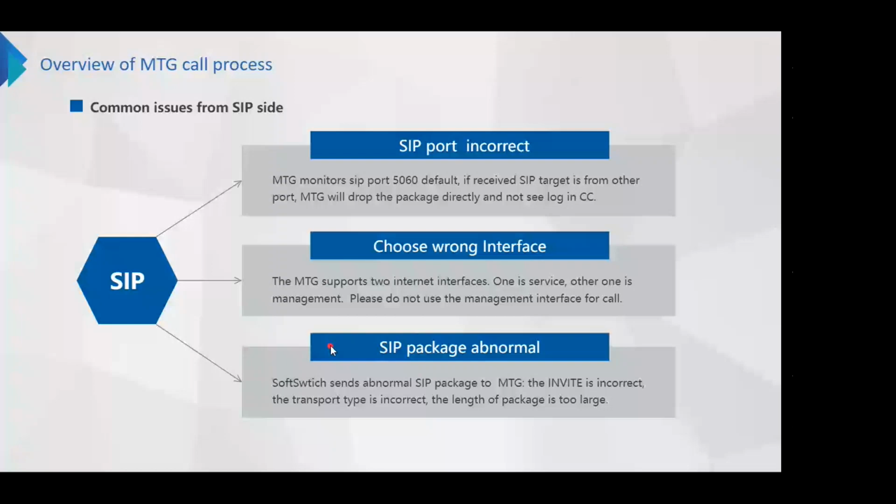Sometimes you may use a different transport type, such as TCP or UDP or others. So make sure everything is correct, and that the syntax or packet can be fully understood by our MTG. If the message is wrong, the MTG may reject the call or drop the SIP call.